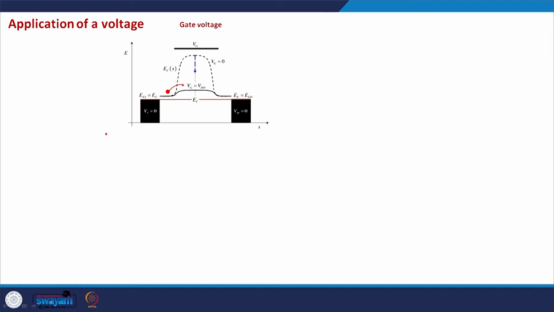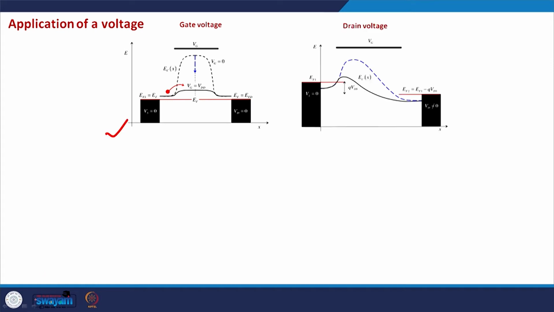So this is the application of the gate voltage on the MOSFET, and if we apply a drain voltage, it will change the Fermi level as well, and the equilibrium is also disturbed. In steady state, this is how it will look.